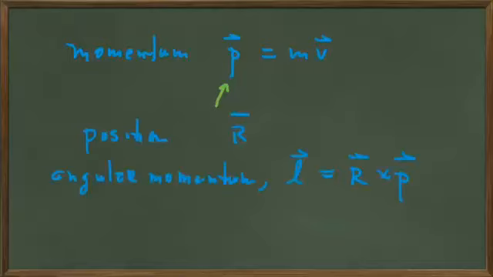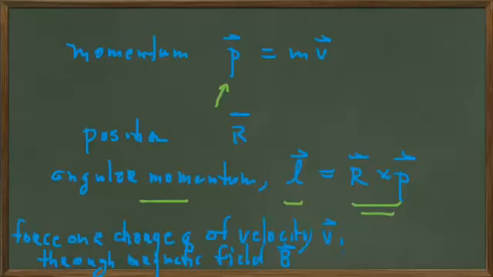So if we define the position vector as r, then angular momentum L is defined as the cross product of the position and the momentum.